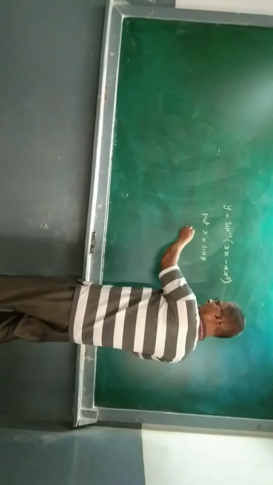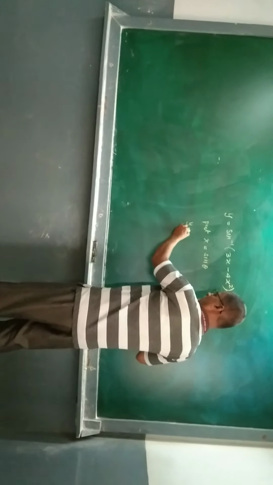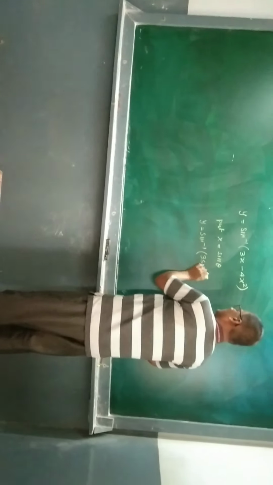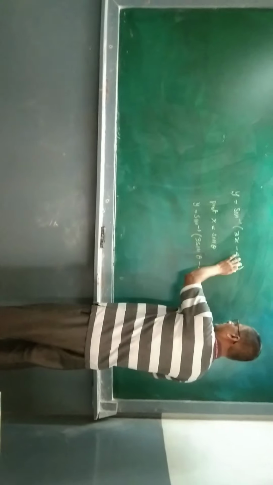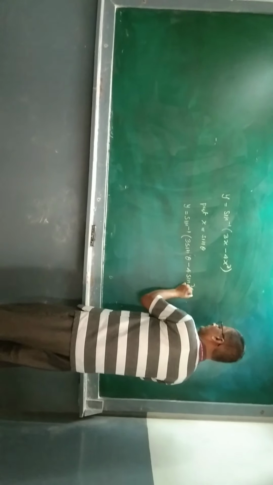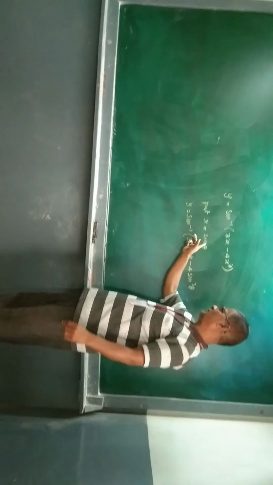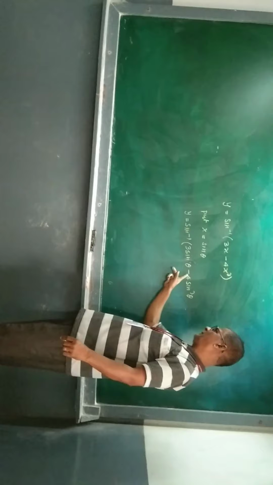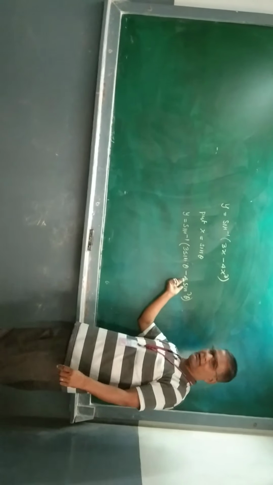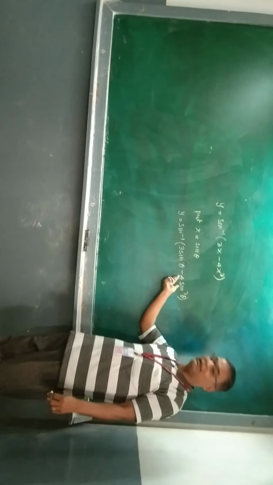So what do we get here? y is equal to sin inverse of 3 sin theta minus 4 sin cube theta, since x is sin theta. What is the relation of this part? 3 sin theta minus 4 sin cube theta is equal to sin 3 theta.